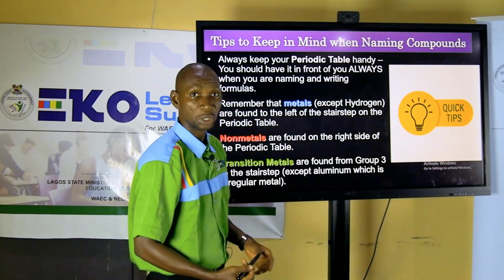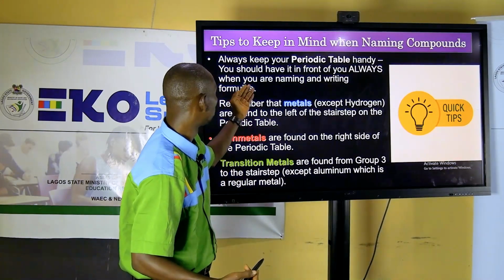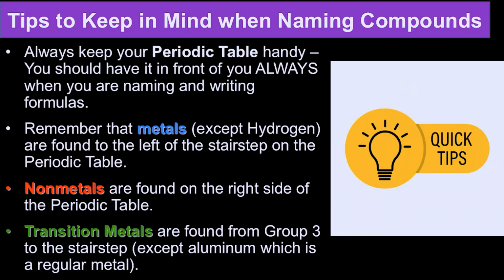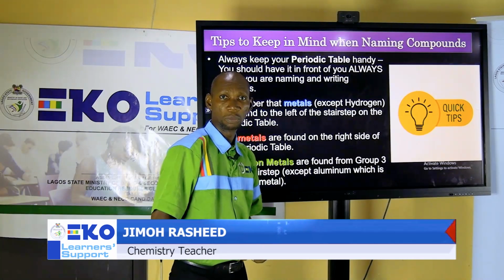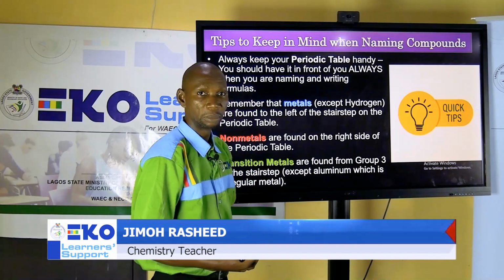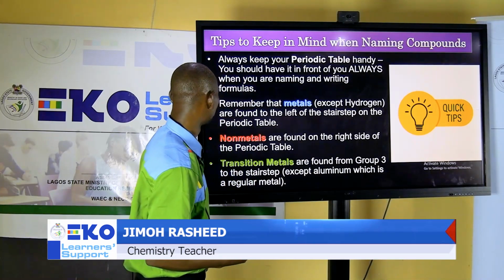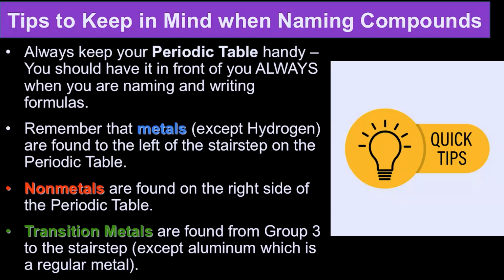But before we go into the nomenclature proper, it is always important for you to keep your periodic table handy. So you can pause the video right now and get a copy of your periodic table, because that is going to guide you to be able to name chemical compounds correctly. You should also remember that on your periodic table, the metals are usually to the left.